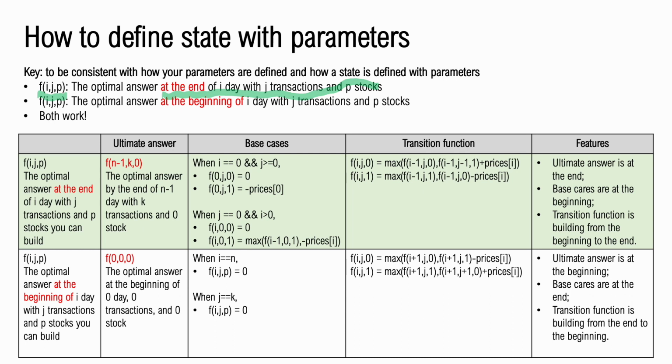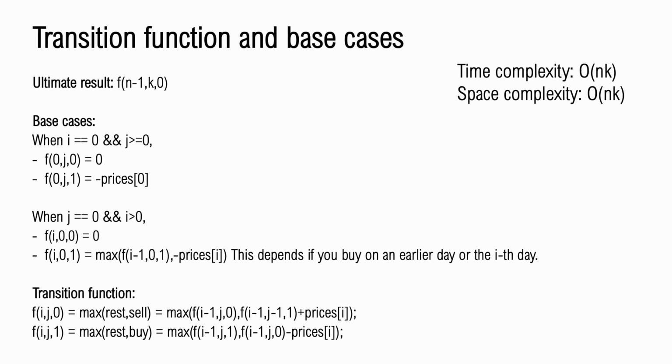Or we can also define f(i,j,p) as the optimal answer at the beginning of the ith day with j transactions and p stocks. Believe it or not, both work. We just need to be consistent in how our state is defined with parameters. So let's use the first scenario. We define f(i,j,p) as the optimal solution we can build by the end of the ith day with j transactions with p stocks in the account.